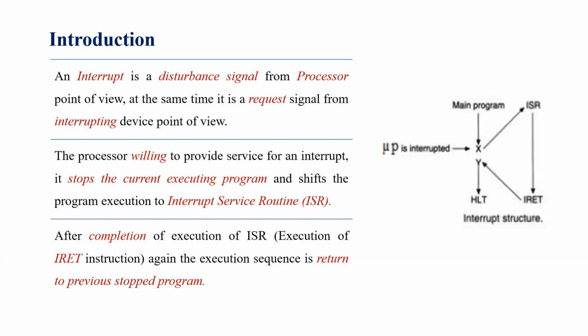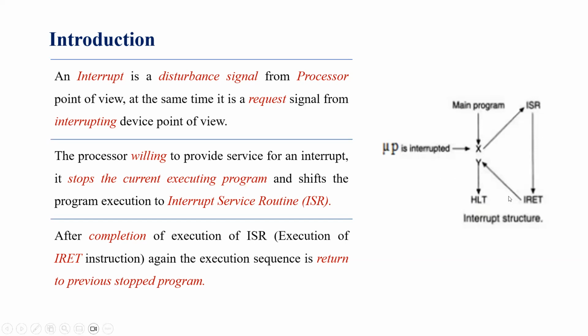So here what we can say is, if the processor is willing to provide service for an interrupt, it stops execution at the point where it received the interrupt, and shifts execution to an interrupt service routine. That means it shifts the execution to some other program, known as the interrupt service routine.